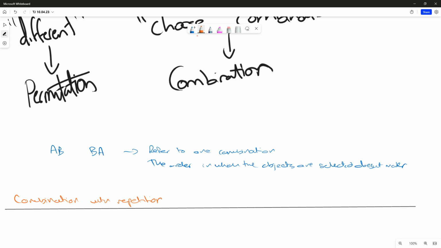And again, remember, because we're dealing with combinations, we're saying order does not matter. And remember, when we say that, what we're actually saying is the order in which objects are selected does not matter. And I maybe should write that down. The order within which objects are selected doesn't matter.